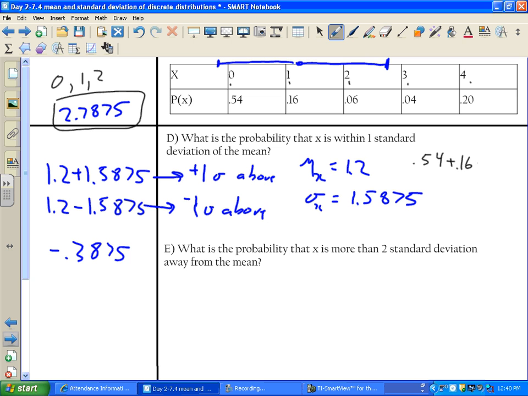So I will add the 0.06. I don't know what that sums to. Point what? 0.74? 0.76? Okay. So that's the probability that I'm going to be within 1 standard deviation.